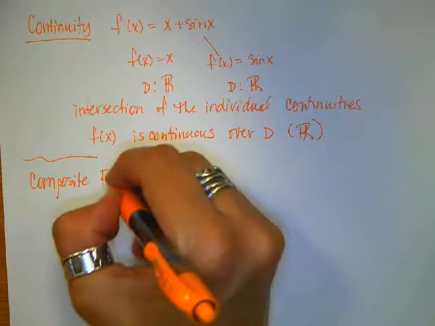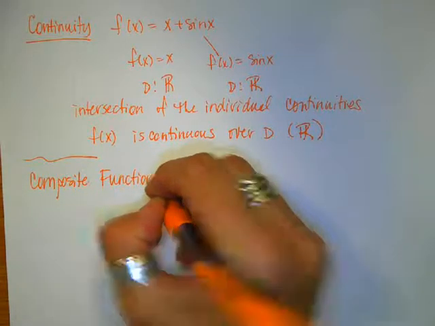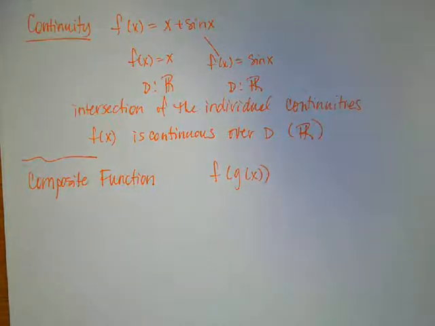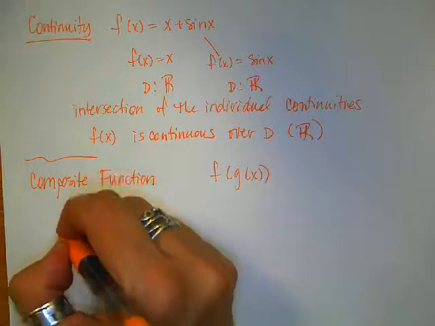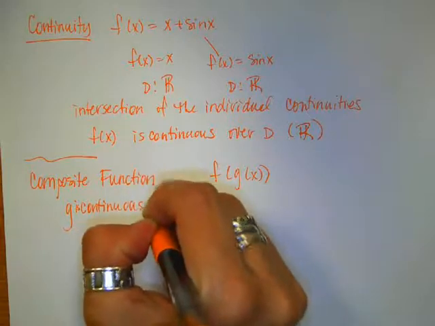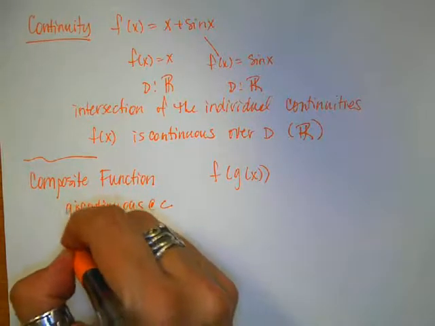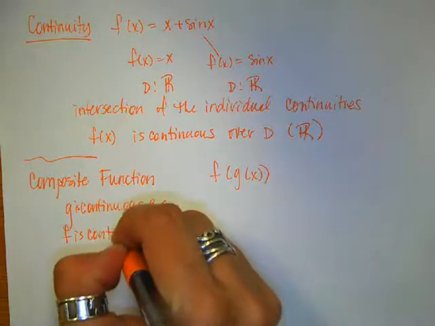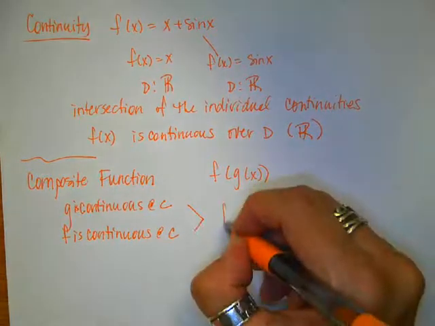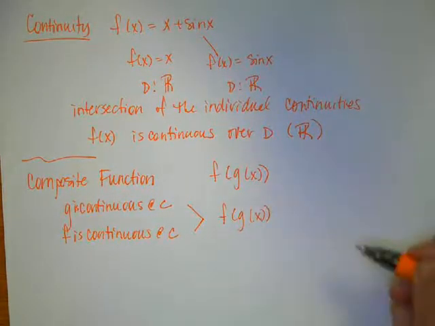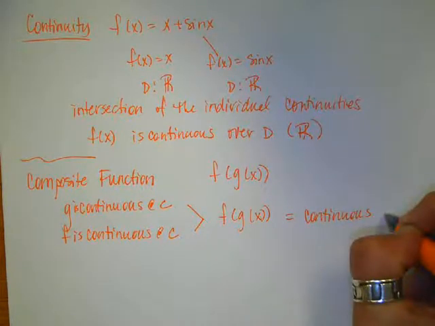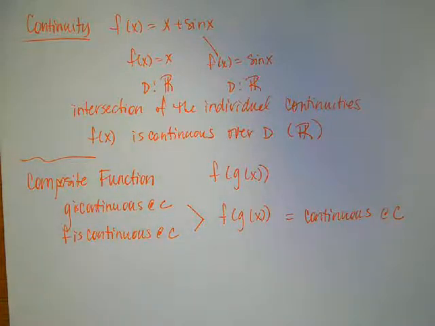Let's say I have a function that's f of g of x, and when I want to address its continuity, if I know that g is continuous at c, and I know that f is continuous at c, then I would know that f of g of x, the composition, is going to be continuous at c. Alrighty? Alright, let's do an example.